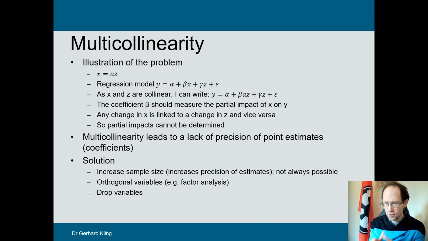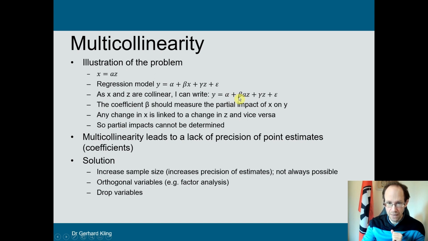In practice, it's not as strong, but there might be still a positive or a negative relationship between two or more independent variables. And the main consequence and the main problem is a lack of precision of your so-called point estimates. Now, the point estimates are the estimates of the coefficients in your model, so that's your slope coefficients.